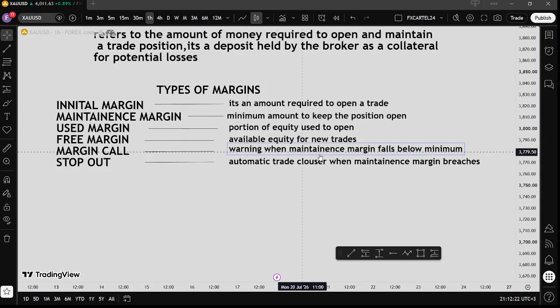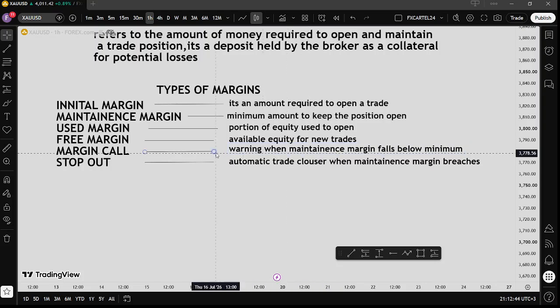Margin call: the brokerage itself sends you a message showing you that your account balance has gone below, and you need to deposit for your trades to keep running. Then stop out.